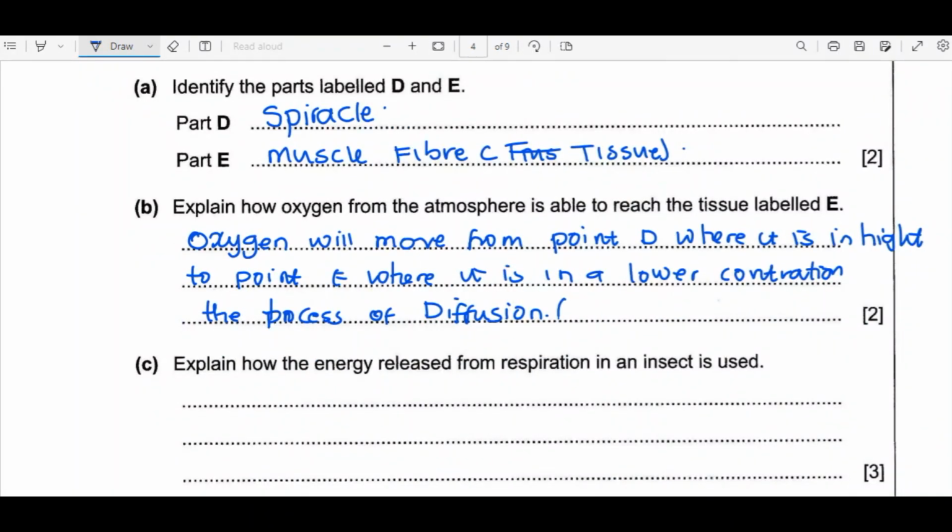So this has to pass through the tracheoles, remember that. So we have the trachea, then tracheoles.